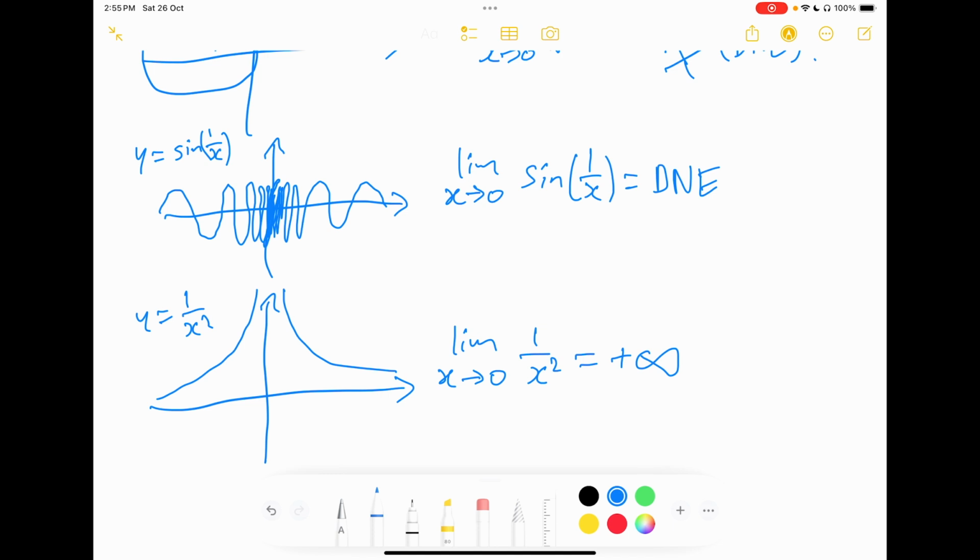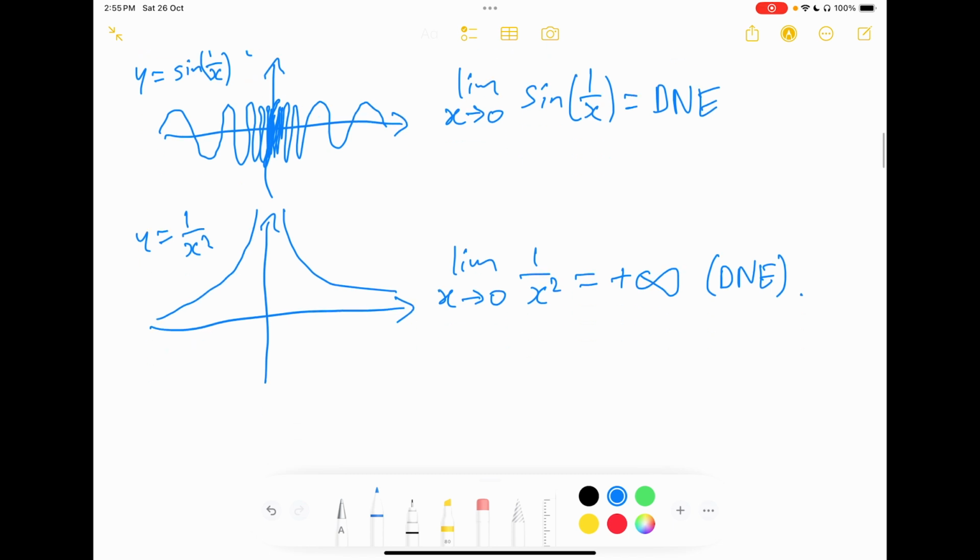So this technically doesn't meet the definition of a limit in the rigorous sense, because a limit approaches a finite number and infinity is just not that. So this is technically a limit that does not exist, but it's very convenient to use this shorthand of positive infinity to denote this limit. So for the purposes of simplicity, I'll just say it's positive infinity.